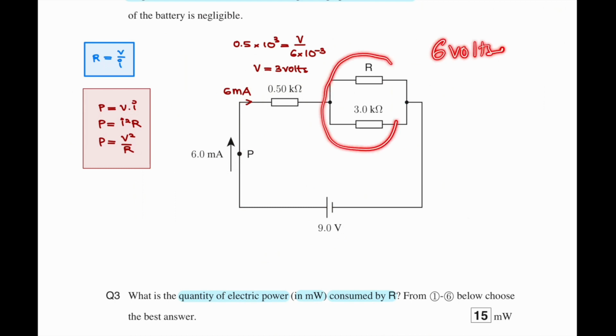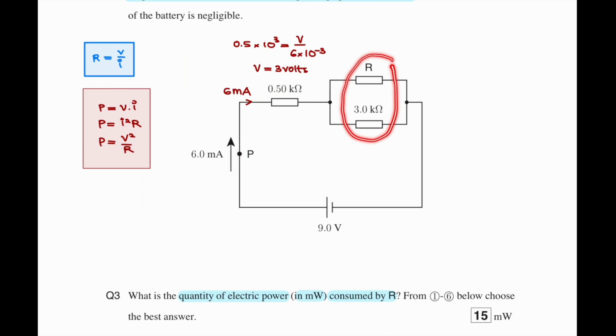Since these two resistors are connected in parallel, as you know, if you have a parallel connection, the PD is the same. So since this one used 3 volts, these two resistors use 6 volts. The total should be 9 volts. So V equals 6 volts here, and V equals 6 volts here.